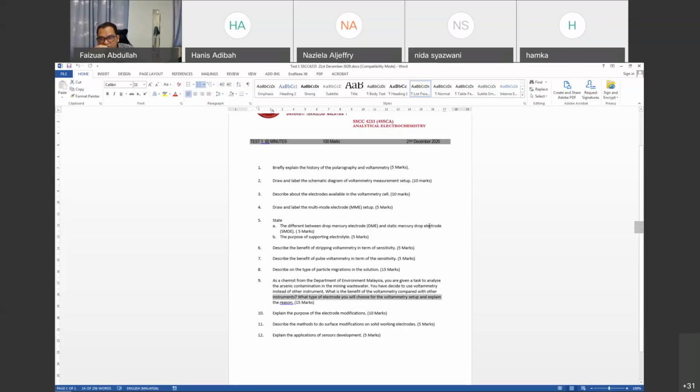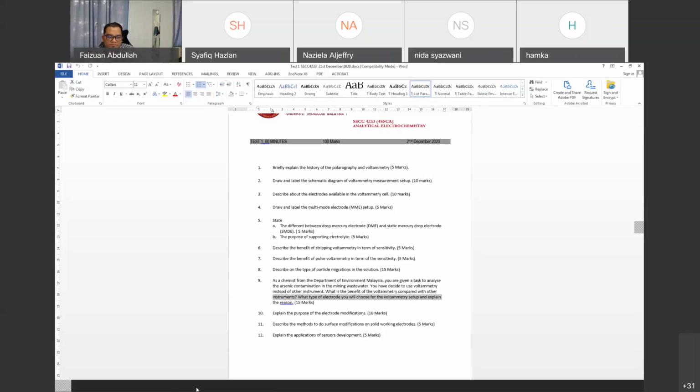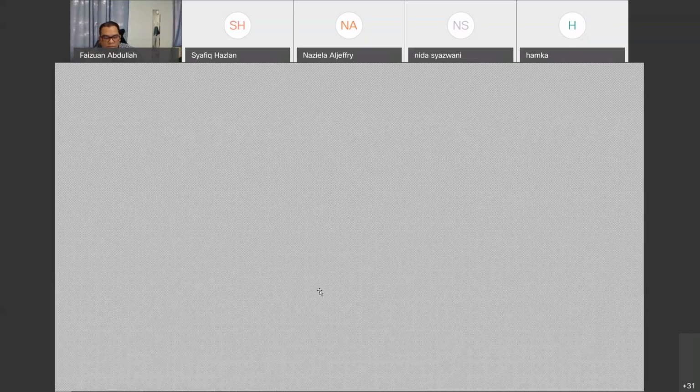Syafiq Hazlan 2. Tak jawab lagi ni. Ya, doktor. Okay, nombor 11. Describe the methods to do surface modification on solid working electrode. Macam mana method dia? Sekejap saya cari jawapan.